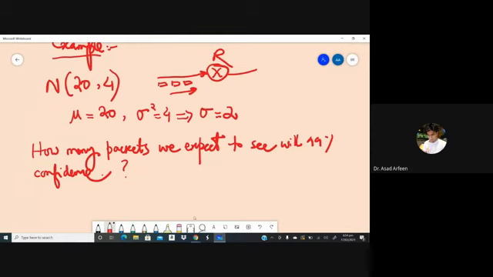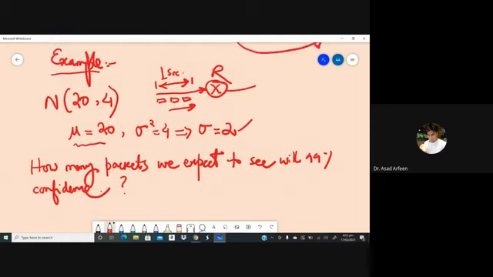So the entire experiment is based on a 1 second observation. So how many packets do we expect to see with 99% confidence, although we know that the mean value is 20 and the variance is 4. Obviously we need to see the formula here.